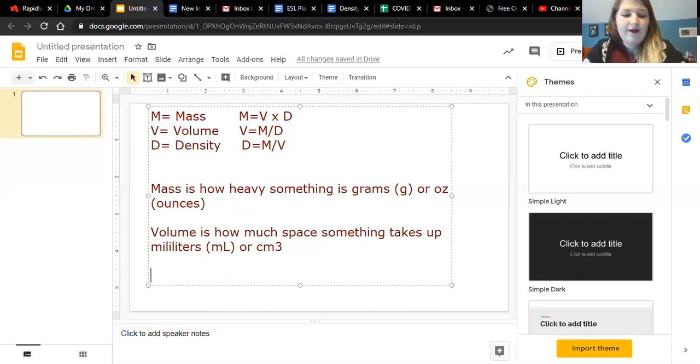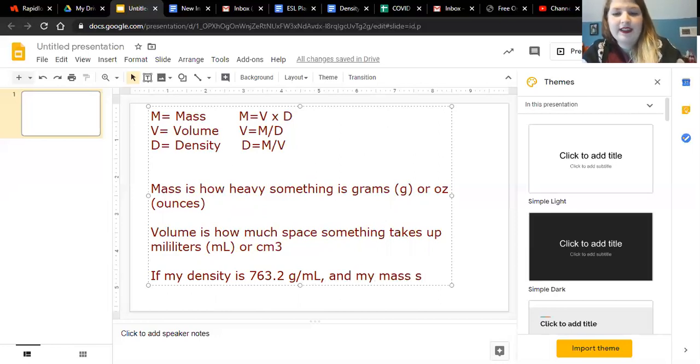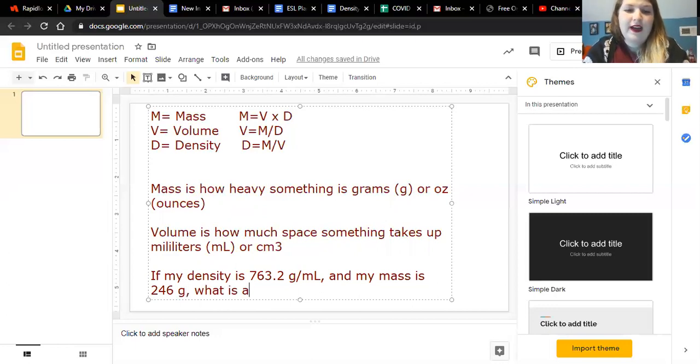If my density is 763.2 grams by milliliters, and my mass is 246 grams, what is my volume?